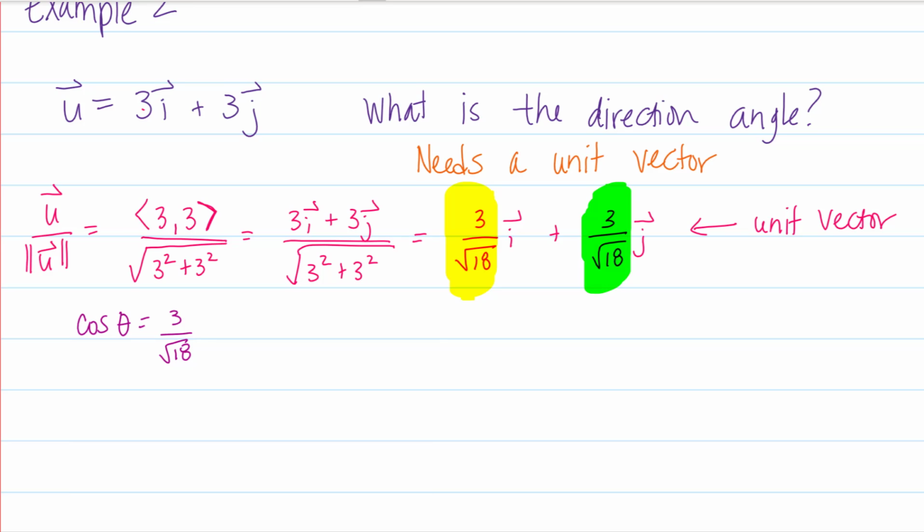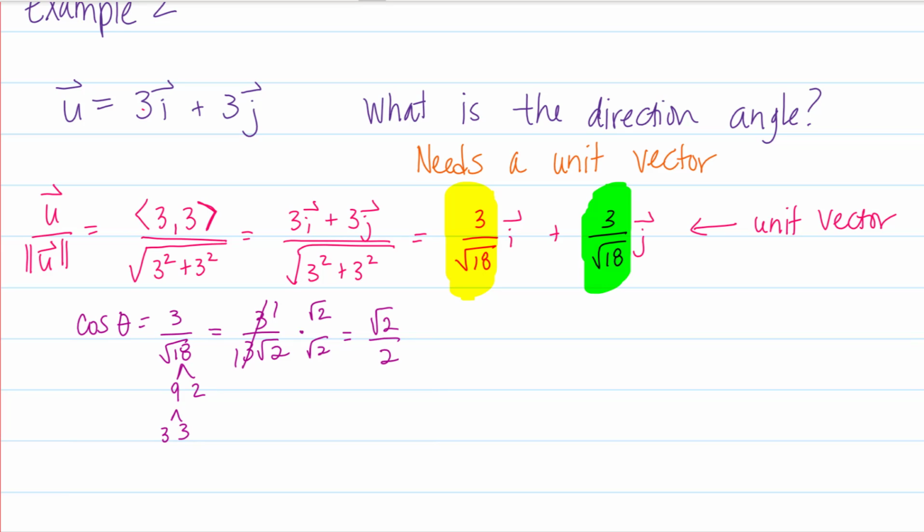Now at first glance it might not seem like you know the answer to this, but with some simplifying here, you're going to realize that this 3 over square root of 18 is actually a much nicer thing to deal with, because 18 is 9 times 2, so 3 times 3 times 2, which means I can rewrite this as 3 over 3 root 2. My 3's divide out to 1's, and then if I rationalize, I get the square root of 2 over 2.